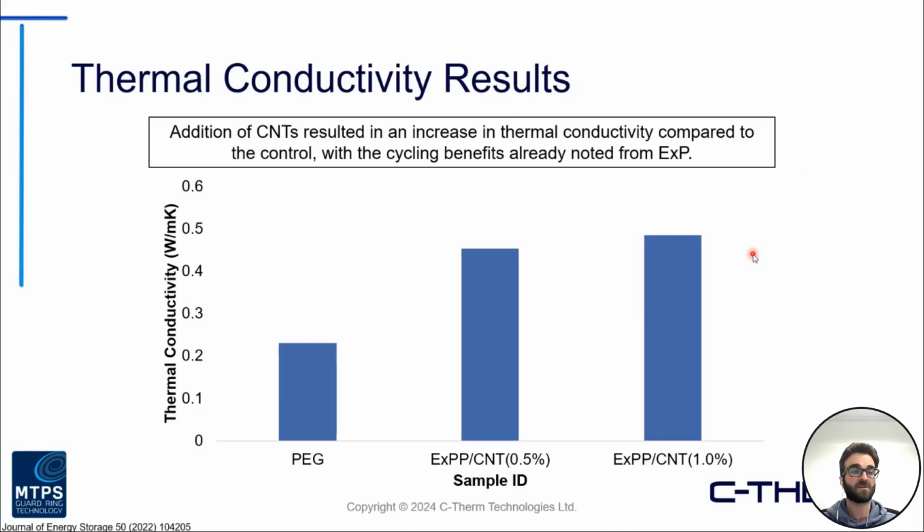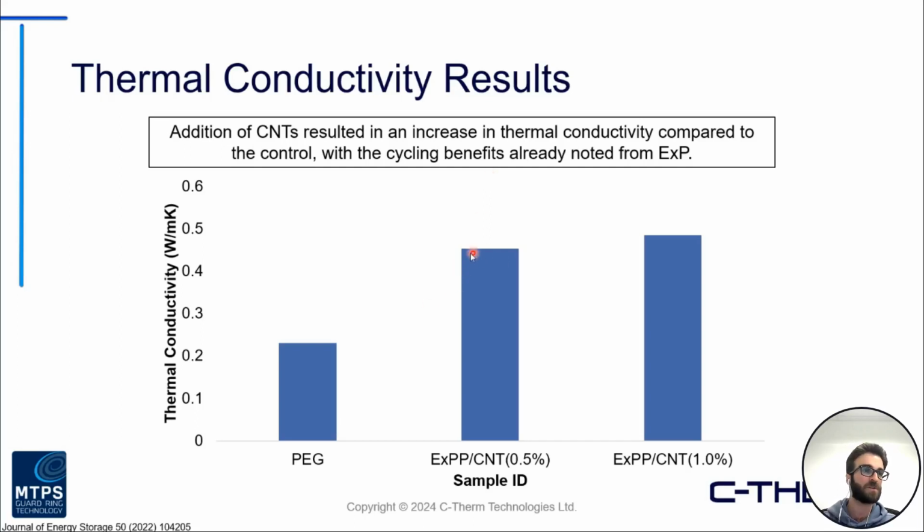So, the thermal conductivity results of these filled systems. Generally, as you might expect, the introduction of that conductive filler did boost performance, especially compared to that control, and it's good that it wasn't decreasing further. Now we do see a net increase in thermal conductivity, and it did maintain the cycling benefits that were already noted for EXP.